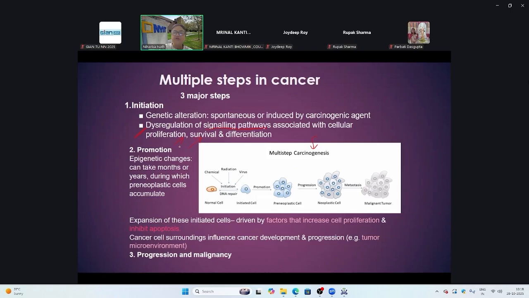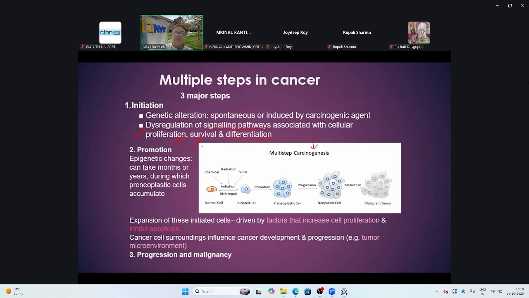Those cells that are not supposed to proliferate will keep on proliferating, and they will also survive, and they will not differentiate too much. So they will avoid differentiating, but they will proliferate, and they will keep on surviving.